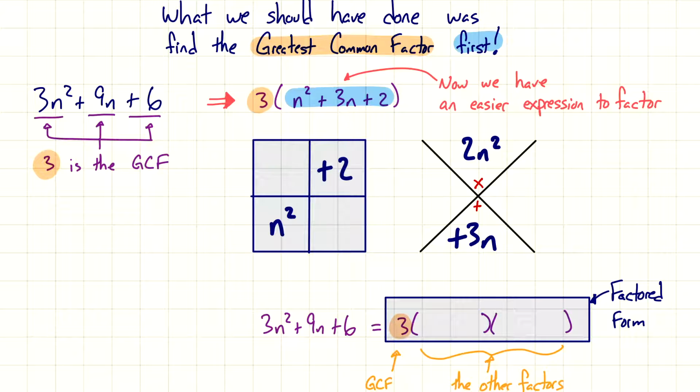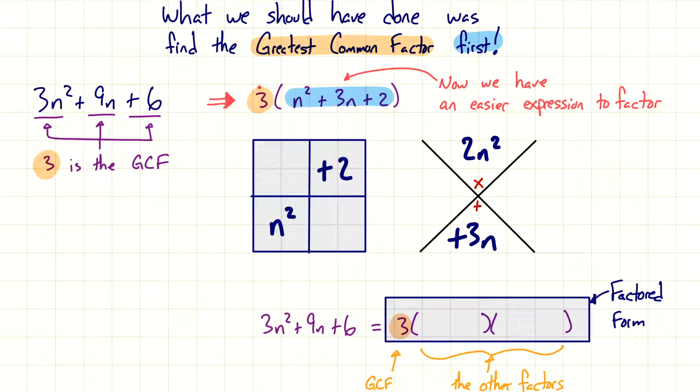And so the first step would be to identify what that number is. So it was a 3. And remove it, factor it out from the original expression. So this is usually where students have questions about, like, where did this come from? This is not the original problem. All right, so think about it.